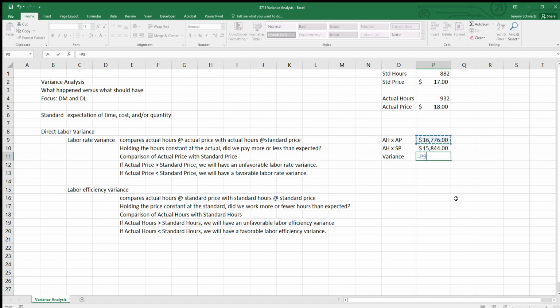So we take 16,776, subtract 15,844. We have 932 as the variance. Indeed, we spent more in terms of the wage than expected, so that gives us an unfavorable labor rate variance.